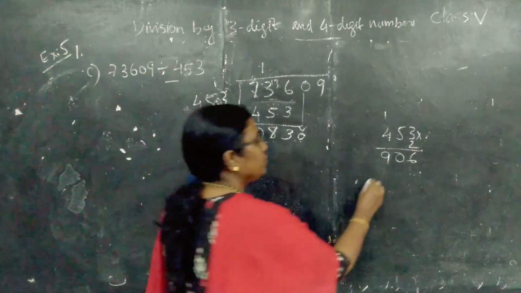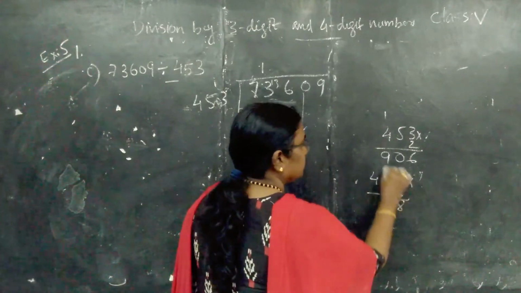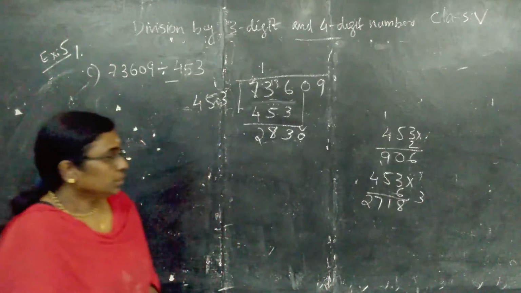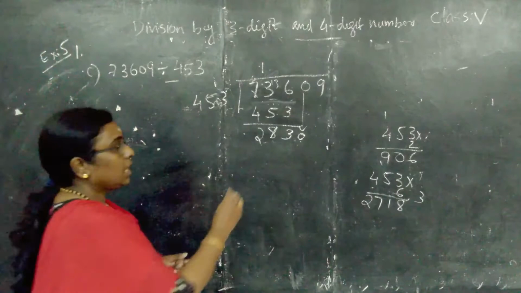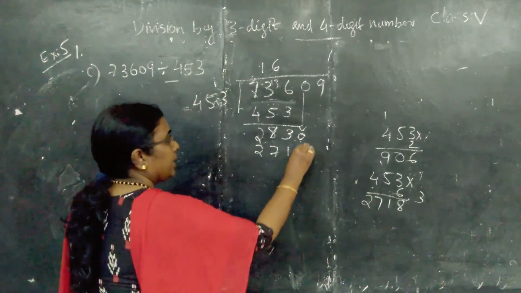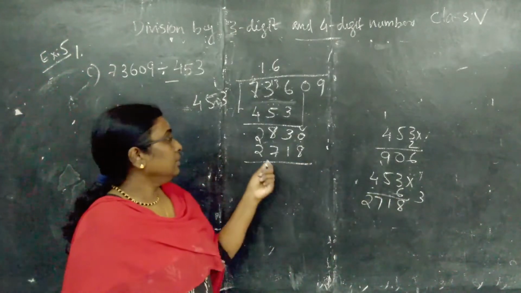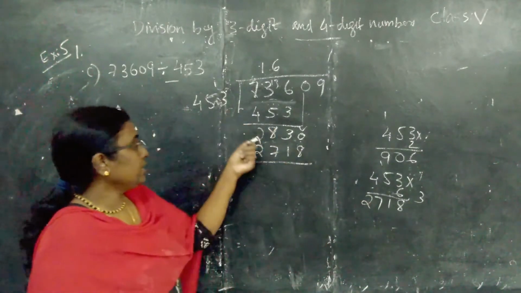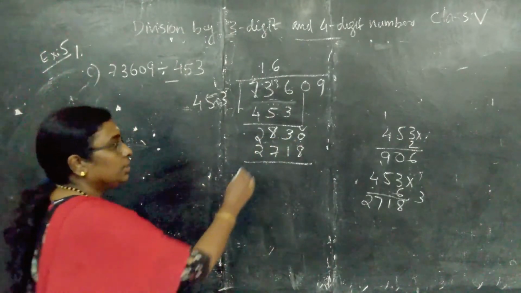Say 453 into 6 is 2718. How many times? 6 times. 453 into 7 is a number which is greater than this number. So 453 into 2830, 6 times. Then subtract.